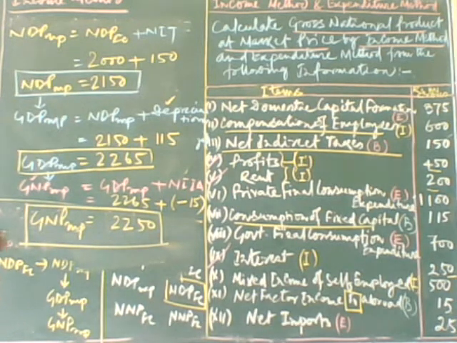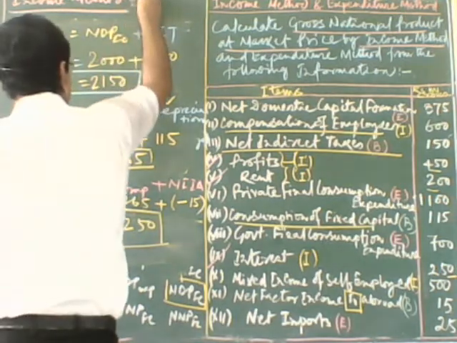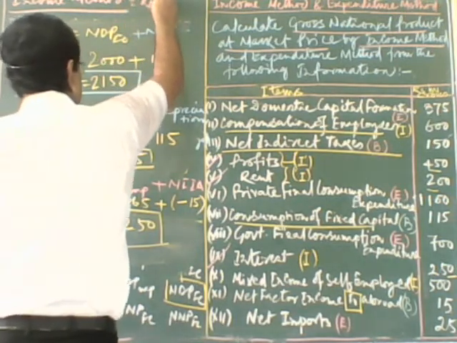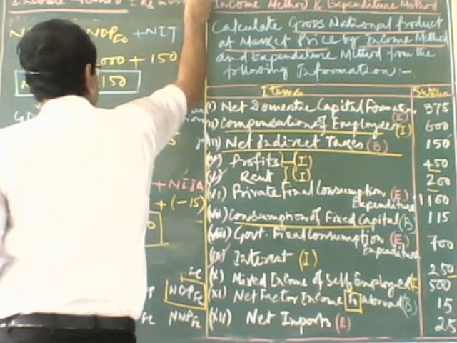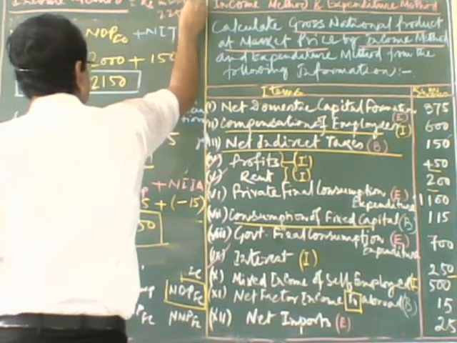This is the value by the income method, rupees in crores, 2250.